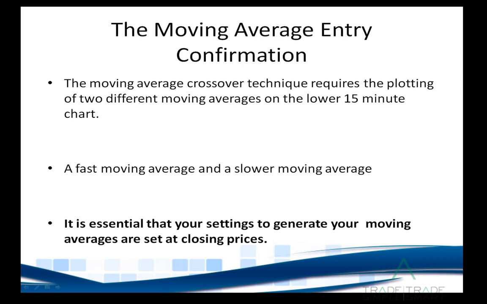And because they're dynamic and they move in line with whatever price action is doing, if you don't have them generated from the closing prices of bars, then you will be prone to many false flags and many false signals to confirm your manipulation. So when you're selecting your moving averages, just ensure that they are generated through closing prices.